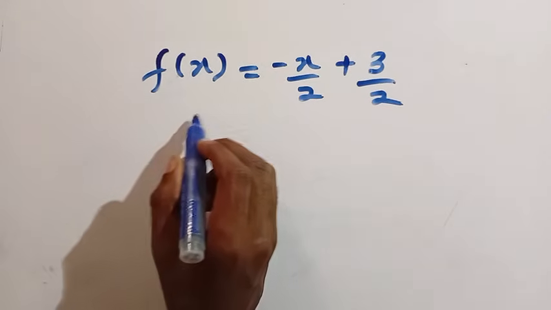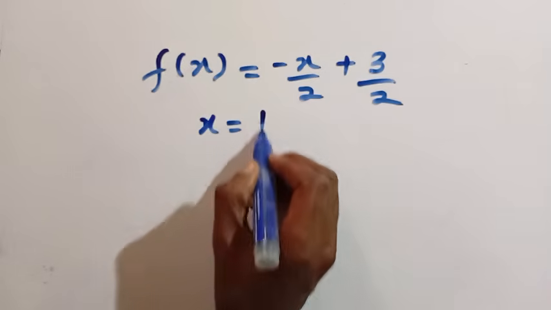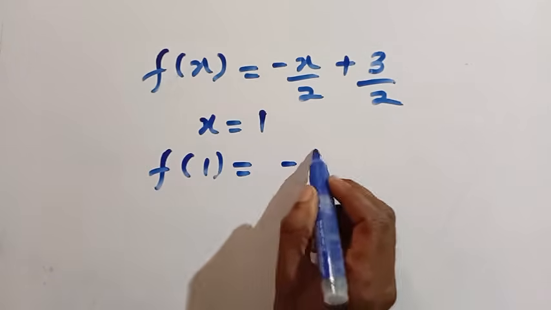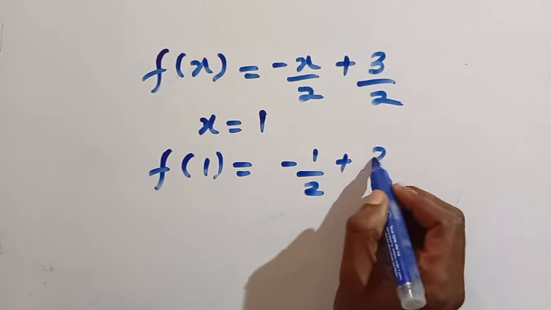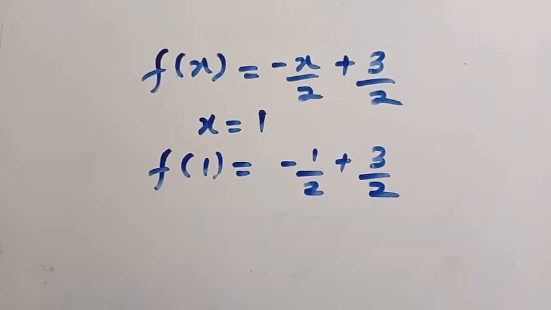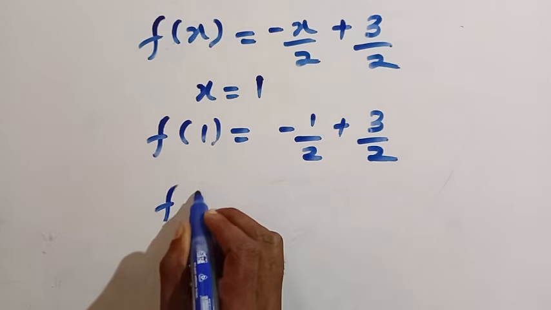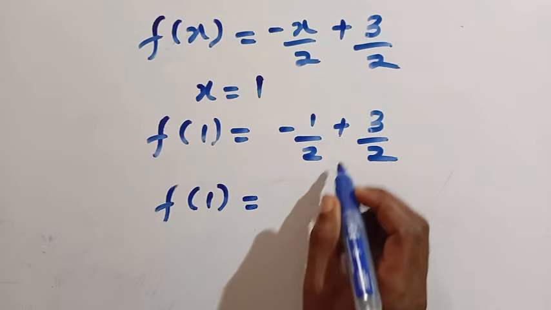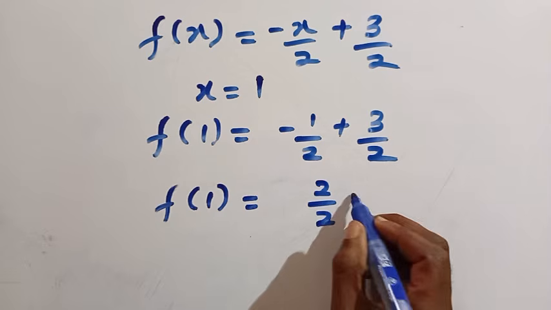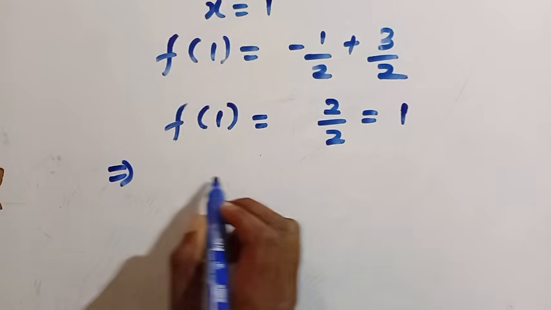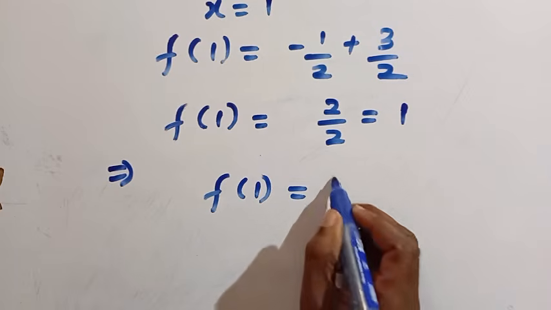So for f of 1, as x equals 1, we have f of 1 equals minus 1 over 2 plus 3 over 2. Then f of 1 equals 2 over 2, and this gives us 1. Therefore, f of 1 equals 1.